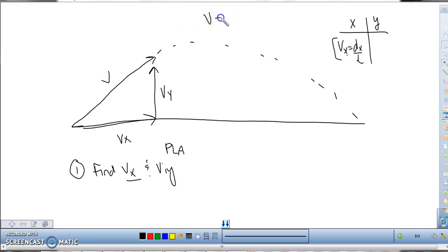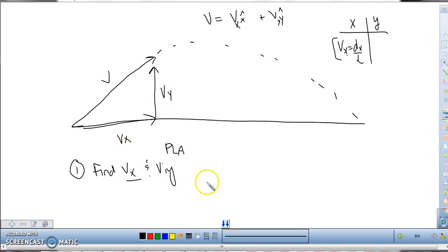So I'm going to write this as a vector: Vx x hat plus Vy y hat. Now this is the calculus version of saying exactly what I said over here, that we have to go in the x direction and the y direction. And this vector v here represents the two of them. So this is just a mathy way of saying exactly this right here, Vx and Vy.